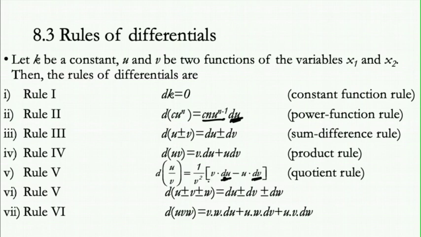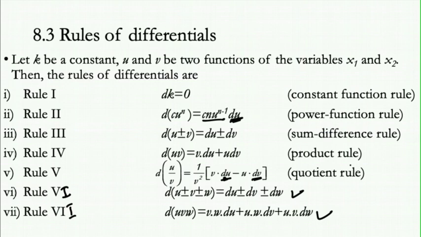So rule number 6 basically, yeah. Rule number 6, this one is 7, it's a typo. This is just an extension of the sum difference rule. This is just an extension of the product rule.